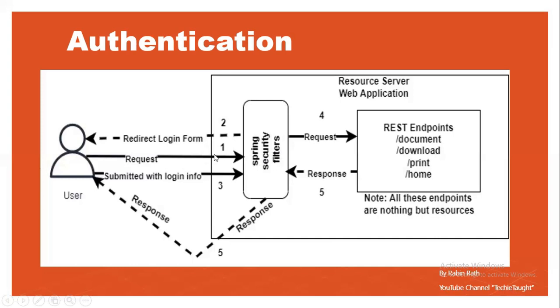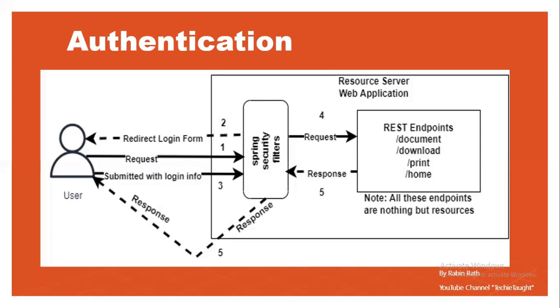If it finds this user is trying to access some secured resources, then what will it do? It will restrict. It won't allow. It will say, hey, you are trying to access a restricted resource, and you are not providing who you are.